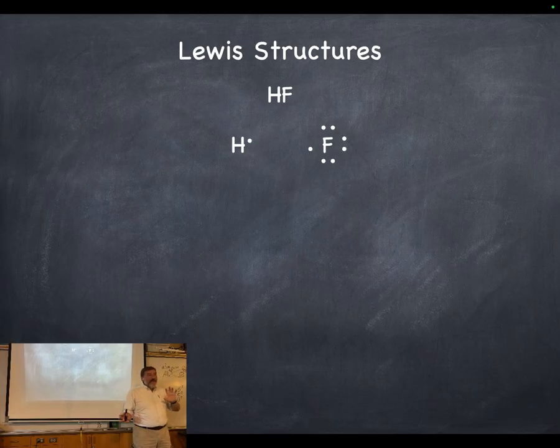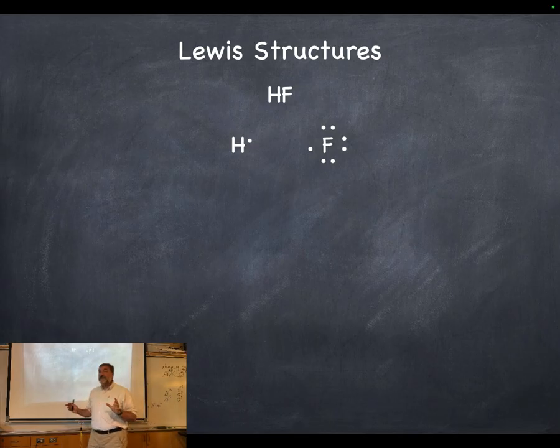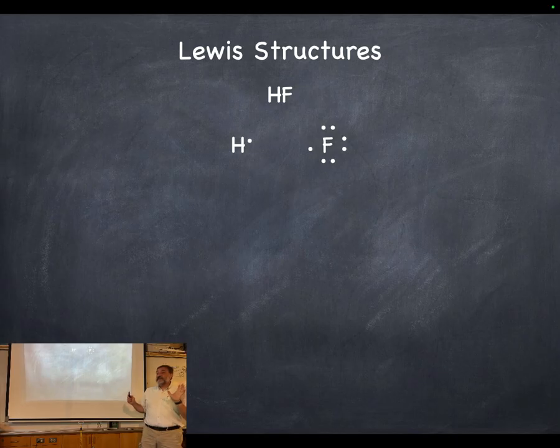Now, you may have done stuff like this in middle school. It's relatively common to treat these kind of like jigsaw puzzles, and you try and fit them together. That's not how we're going to do it because that process doesn't give you the tools you need to deal with more complex scenarios. So we're not going to jigsaw puzzle this. What we're going to do is count how many total valence electrons we have.